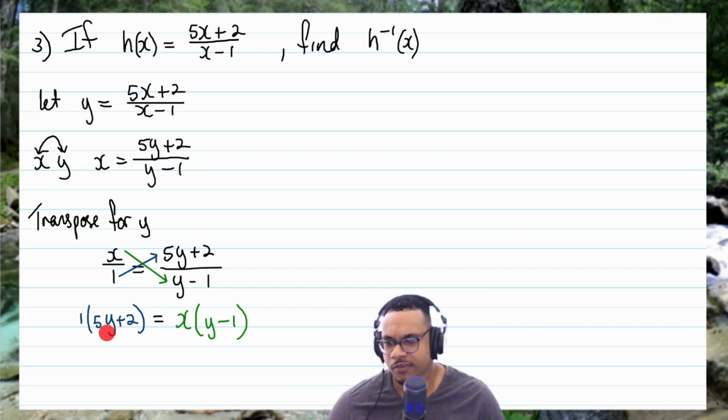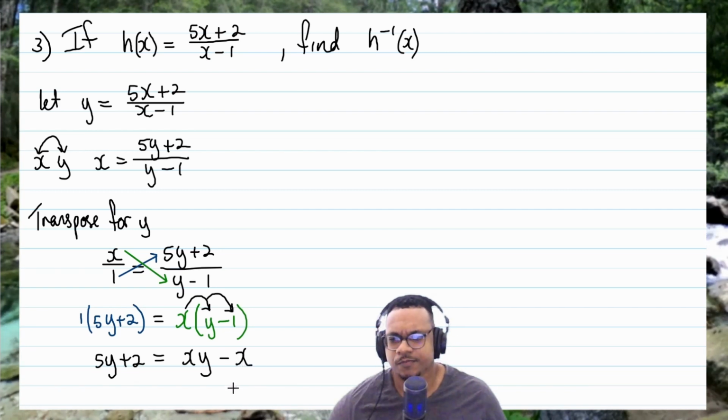So 1 times 5y plus 2 will just give you back 5y plus 2, is equal to, and I multiply the x by the y, and I'll get xy, and x by negative 1, and I'll get negative x, or negative 1x.